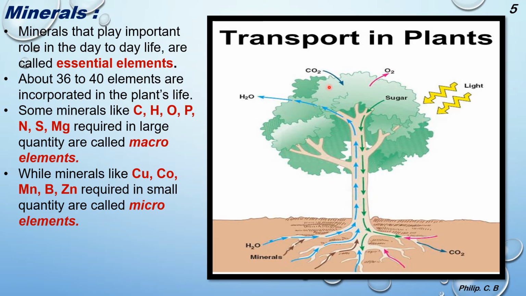Whereas carbon dioxide is taken in and oxygen is given out again through the stomata. Sugar, or glucose, is synthesized in the leaf. From the leaf it is passed to the various parts of the plant body, that is stem and the roots. So you can see xylem usually taking upward direction, whereas the phloem carries the food from top to bottom, ascending and descending.